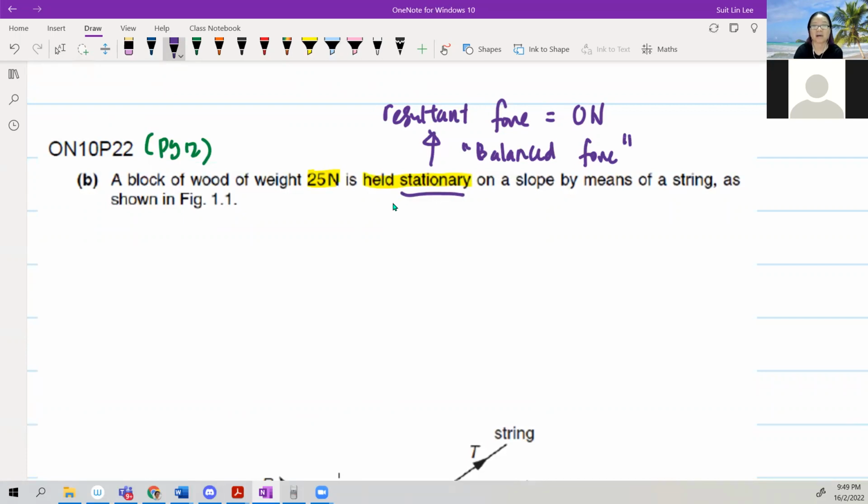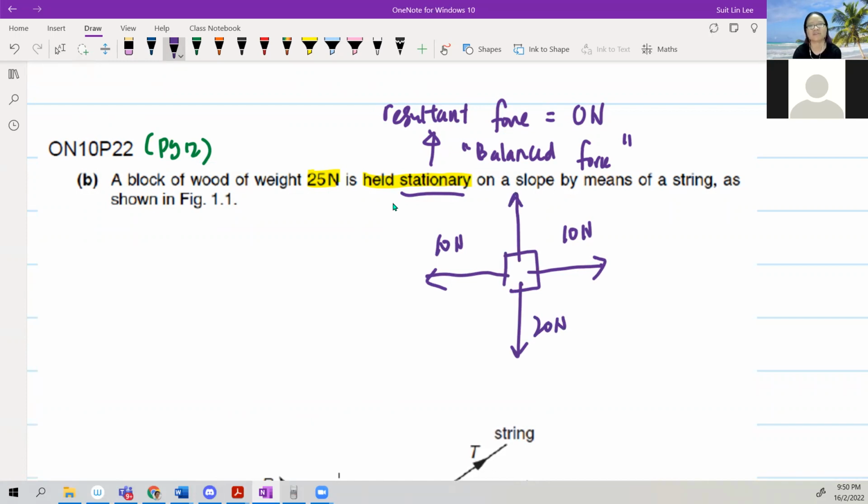So all the forces are balanced and the object will not go anywhere. It's a bit like you and your brother fighting for chocolate. You pull here 10 Newton, your brother pulls here 10 Newton. Your mom tried to break up the fight, she pulled 20 Newton. Your dad tried to break up the fight, he pulled here 20 Newton. Everybody just cancels off, the chocolate stays there.